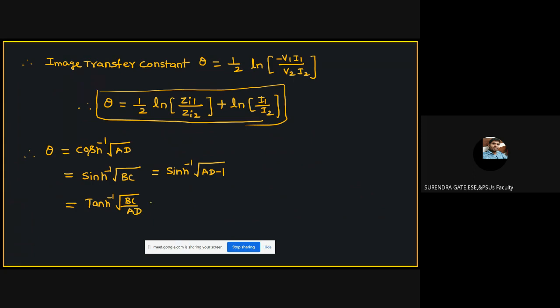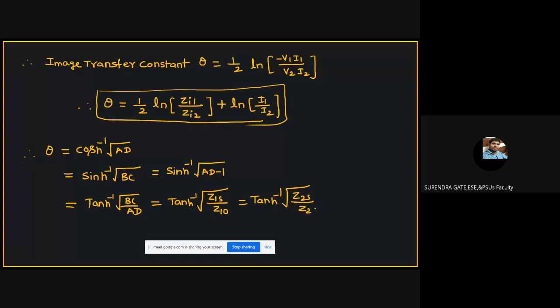It is also equal to tanh inverse square root of, what is B by A, what is C by D, that you know. From that I am writing Z1S by Z10 is also equal to tanh inverse square root of Z2S by Z20.